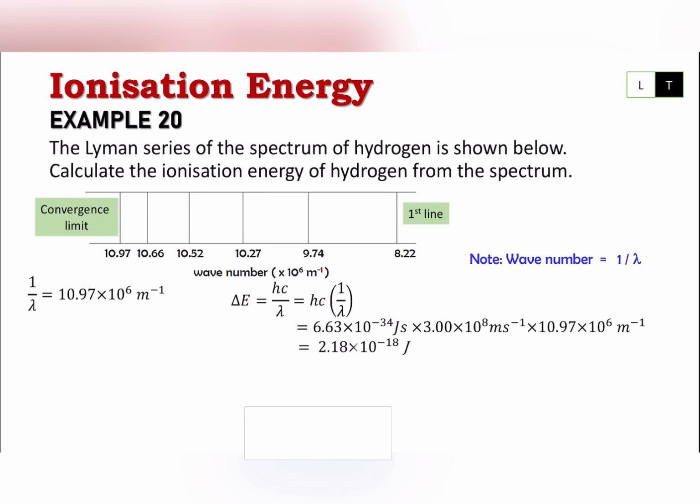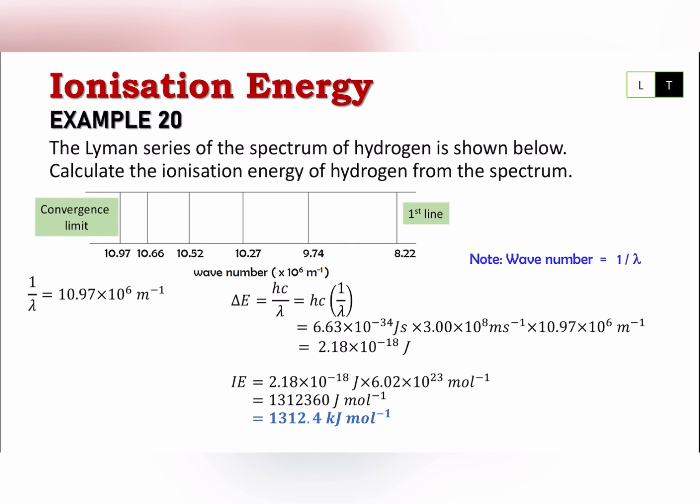You will have the energy delta E equals 2.18 × 10^-18 joule. To get the ionization energy, we know that this is the energy required to remove 1 mole of electrons. So I'm going to multiply the energy with 1 mole of electrons, our Avogadro's constant. You will have this value. And finally, in kilojoule per mole, it is 1312.4.